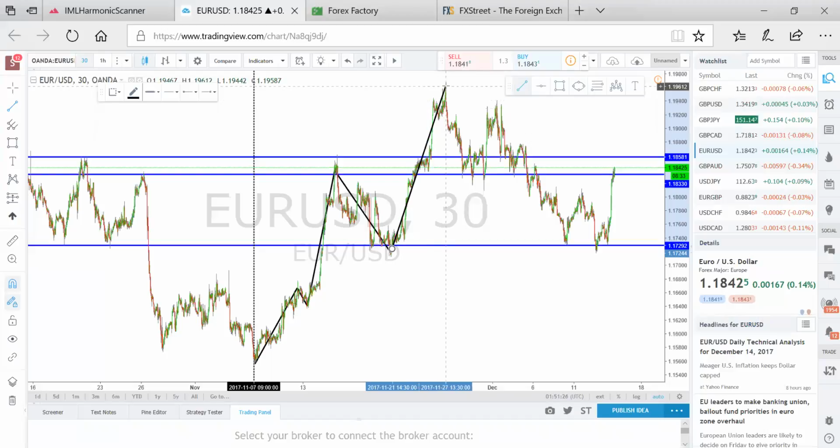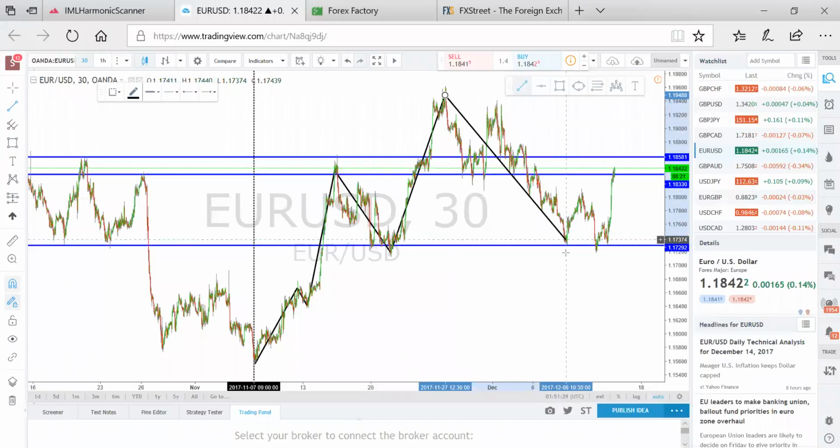But if you watch what happens here, as price reached this point, this was the highest point. What happened? Price just plunged all the way back down to that blue line. So what that told me is that price clearly doesn't want to stay up in that area. So price looks like it wants to go down.